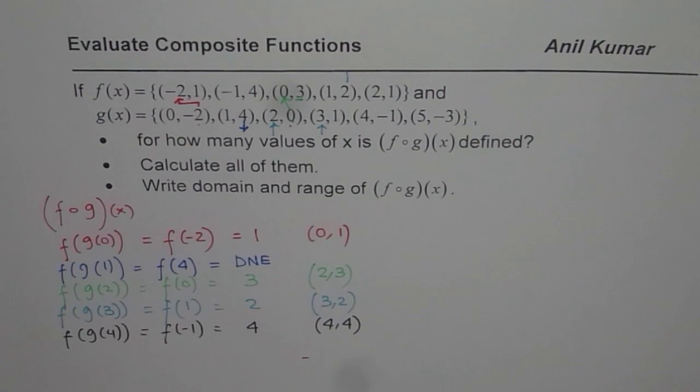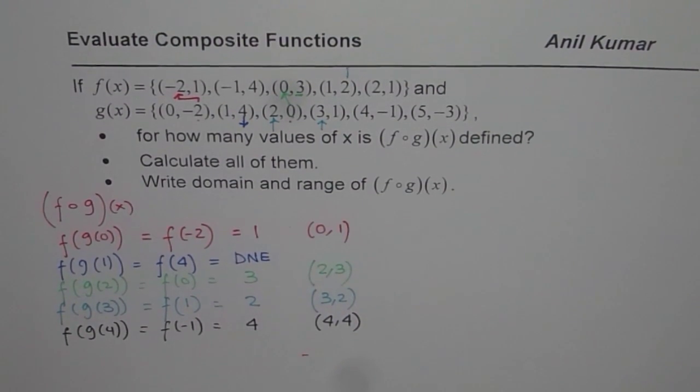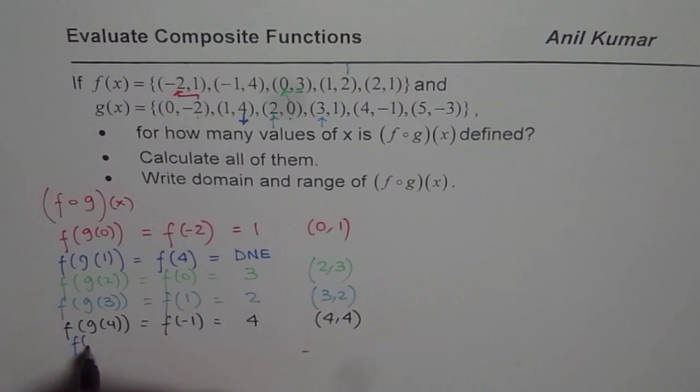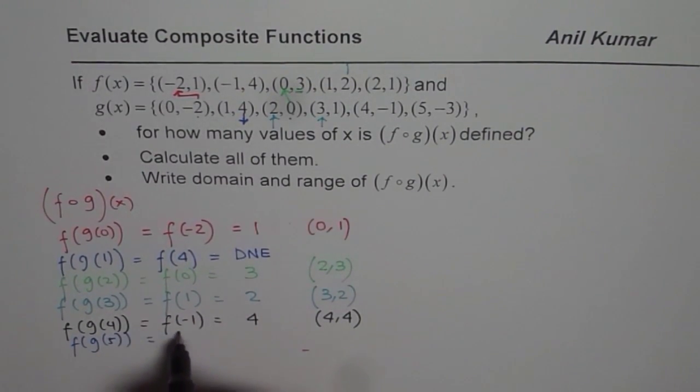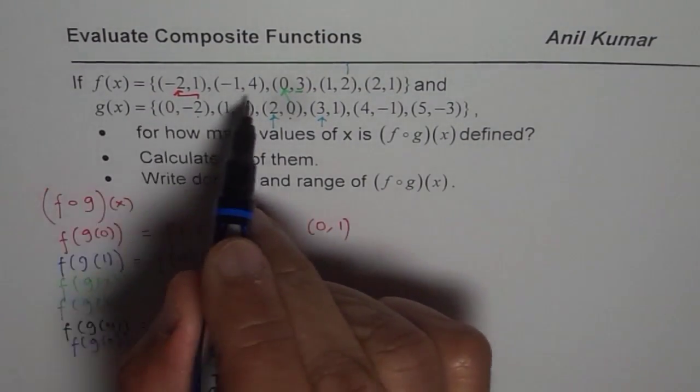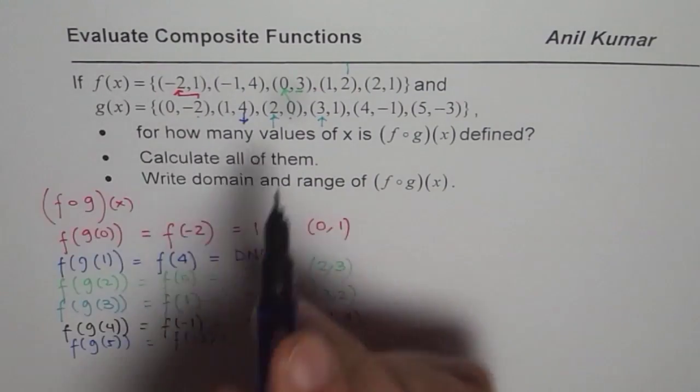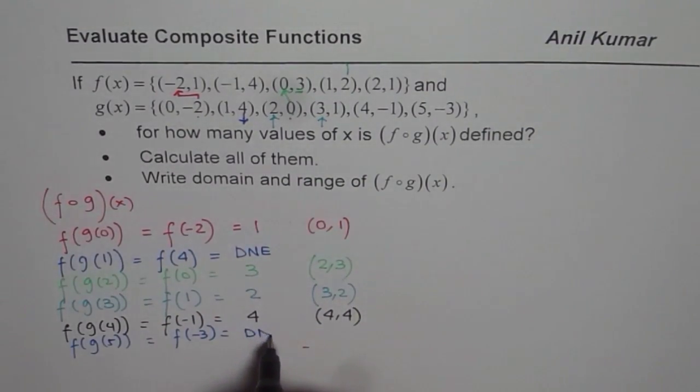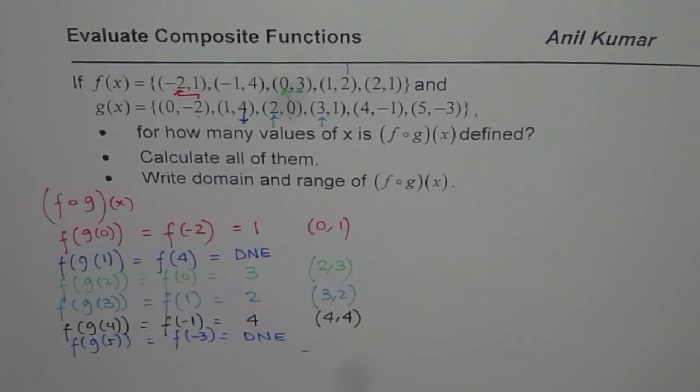Perfect. Now let's take the last value, f of g of 5, okay? Now that is f of minus 3, and for minus 3 we cannot have an input of f as minus 3, so that does not exist. Do you get the point?